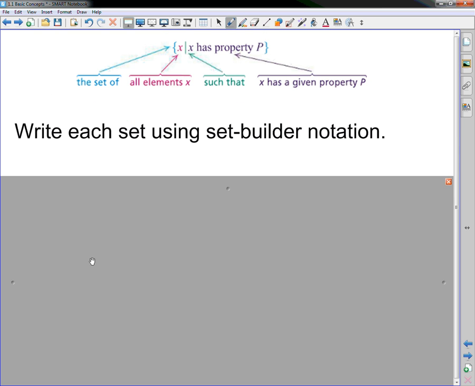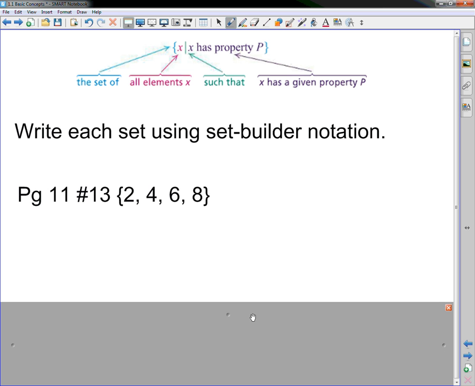Okay, so now we're going to work in the opposite direction. We're going to try to get the set notation from the list of elements. So we want to end up with a result that looks like this top portion here.